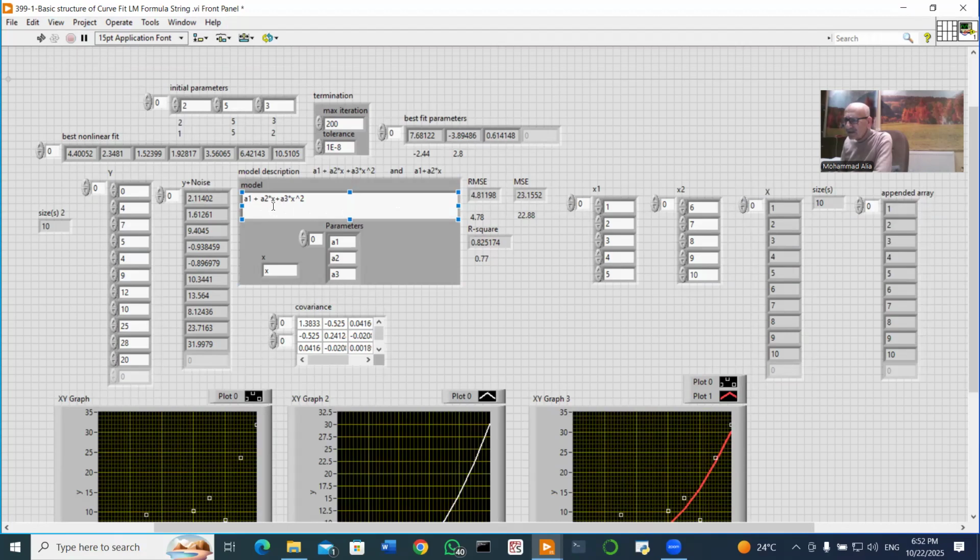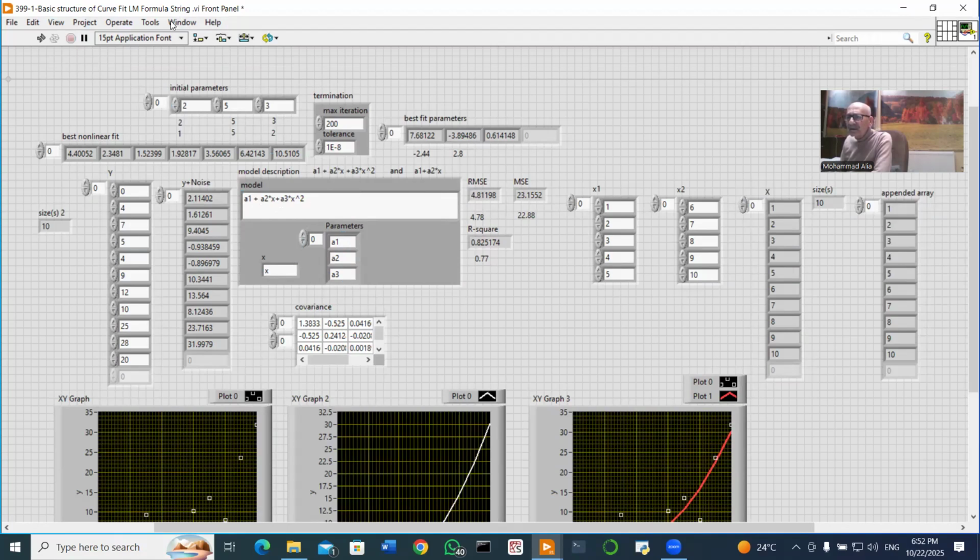X here is the array at the input. And the third term here is A3 multiplied by x squared. So I have x squared, which means that this function is now nonlinear. The coefficients A1, A2, A3 must be arranged with the same sequence within this terminal, and the name of the variable x must be printed here.